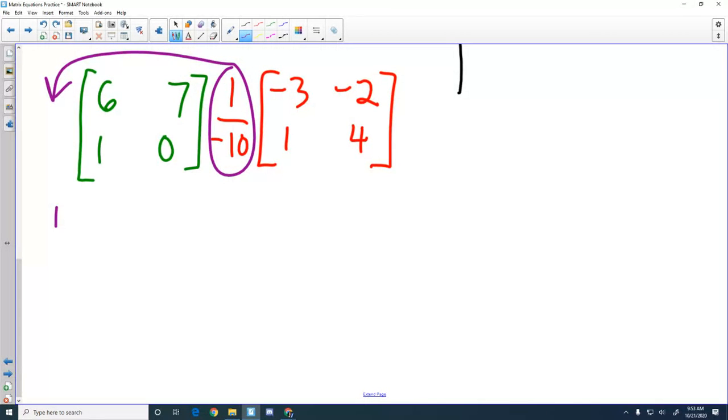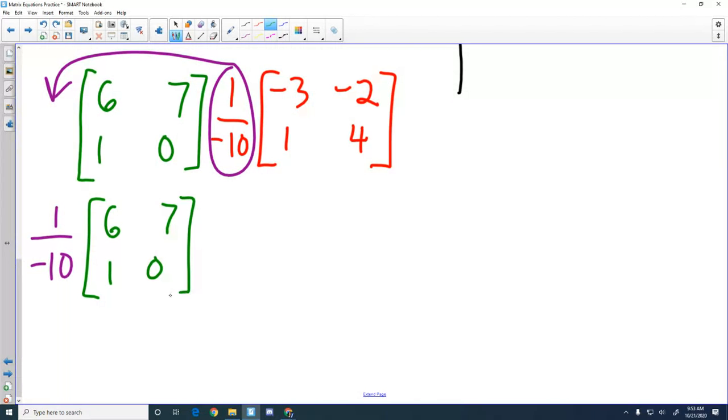So I'm going to write this as 1 over negative 10, and then the two matrices that we're going to multiply: 6, 7, 1, 0, and then the matrix part of our inverse, the negative 3, negative 2, 1, and 4. This way I can do the matrix multiplication nice and easy without worrying about that fraction, because having like 3 over 10 and 4 over 10 is going to make matrix multiplication pretty tricky.